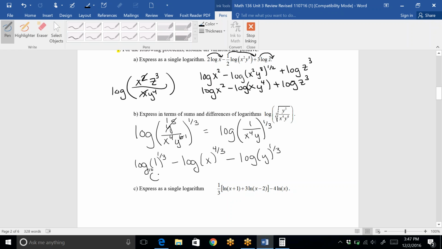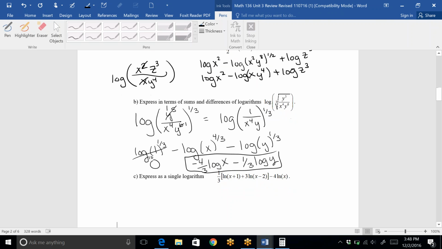So this guy is actually 0 right here. It's going to go away. So this right here would be a negative 4/3 pulled to the front log of x, and a negative 1/3 log of y. So that would be the final answer for that one.